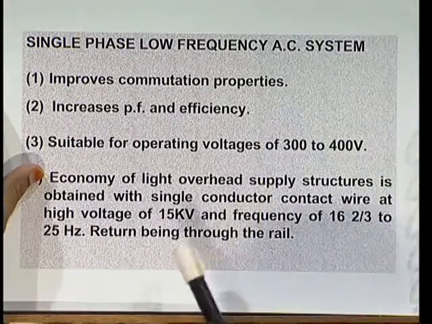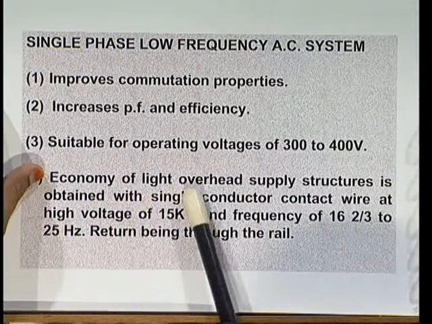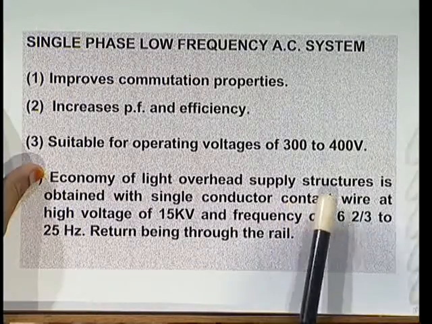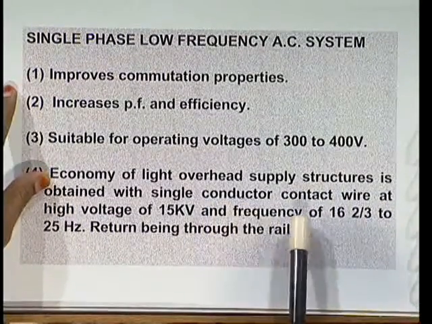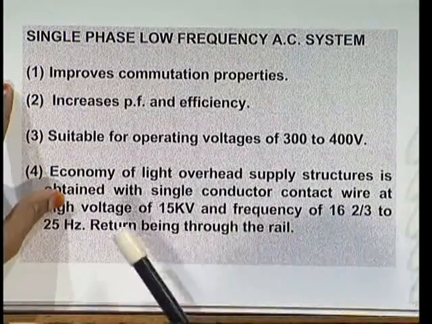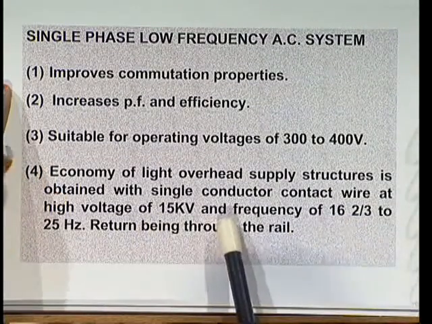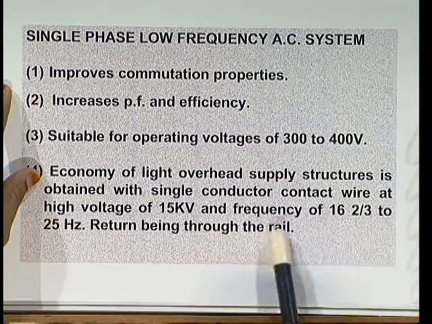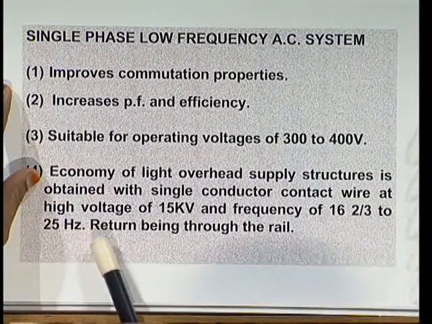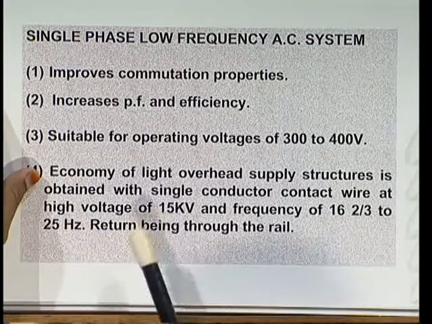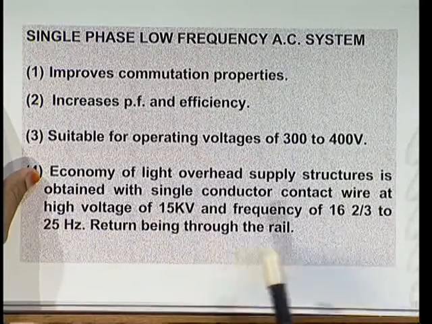Also, in order to provide economy of light overhead supply structures, a single conductor contact wire at a high voltage of 15 kilovolt and a frequency of 16 2/3 to 25 Hertz is used. The return, of course, is through the rail.